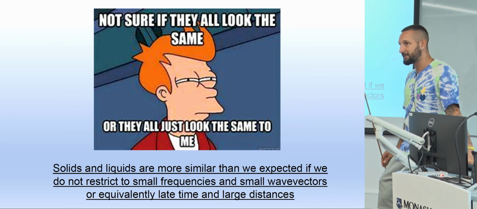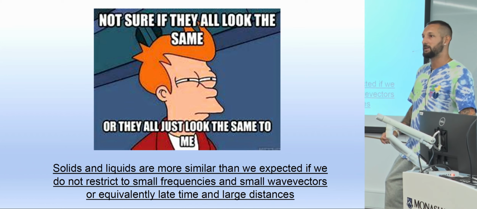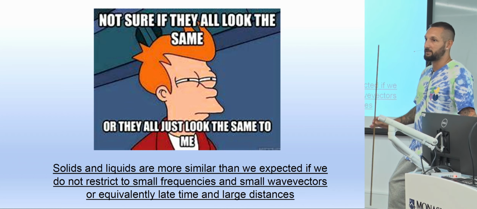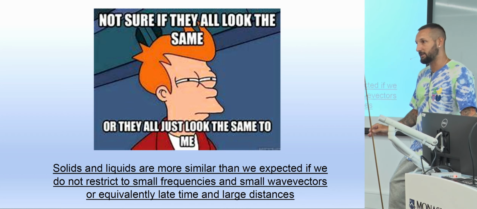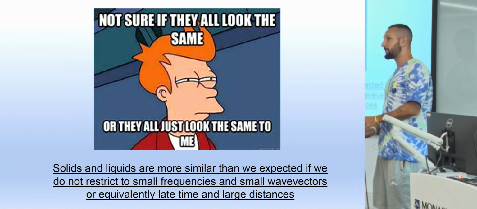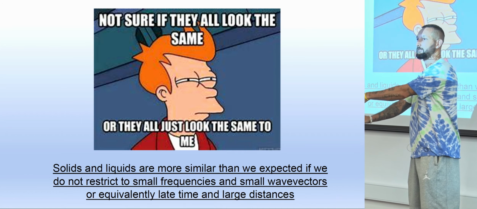It's not even clear if there is a difference. So when I ask you if there is a difference between liquids and solids, maybe the correct question is asking if there is a difference at which time scale and at which length scale. If I don't tell you this, it seems very difficult to put just a line in the middle and say this is liquid and this is solid.